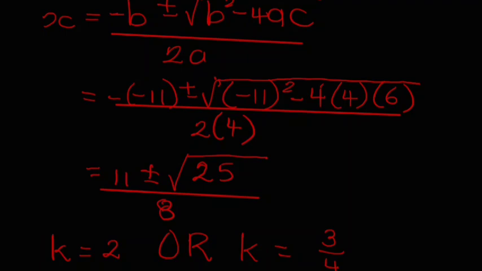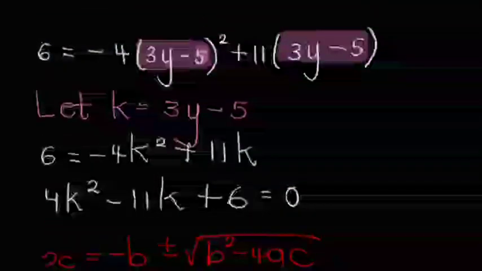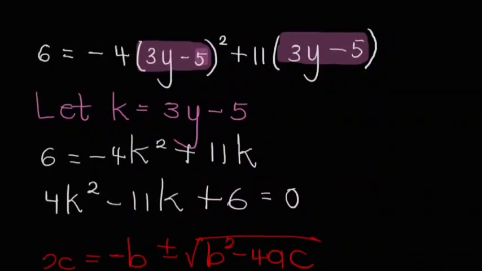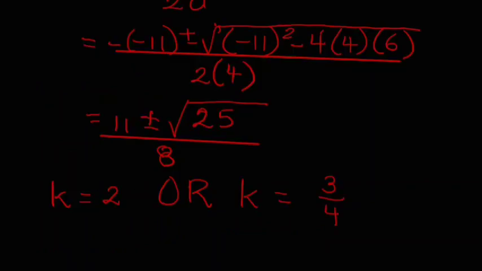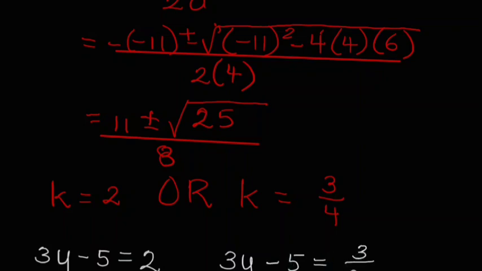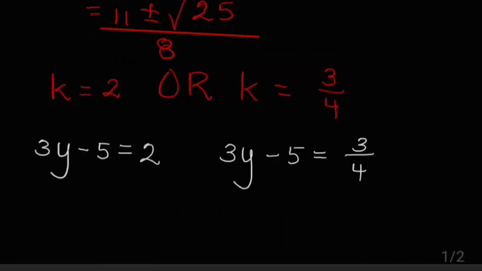However, the original equation given had y as the variable. So our next step is to replace k with what we had set it equal to. Doing so, we have 3y minus 5 is equal to 2. And for the second equation, 3y minus 5 is equal to 3 over 4.